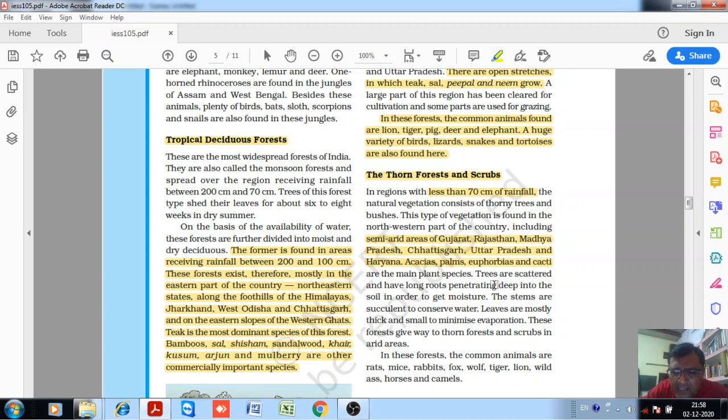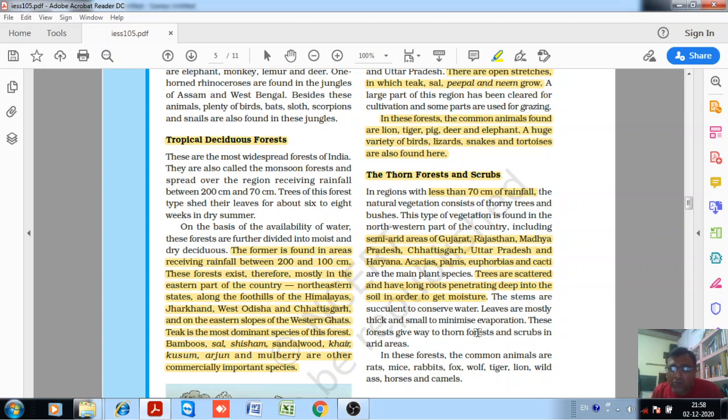The trees are scattered and have long roots penetrating deep into the soil in order to get moisture. This line is very important to understand why the roots are penetrating deep in the soil in deserts or in thorn forests, because moisture is less in the soil.